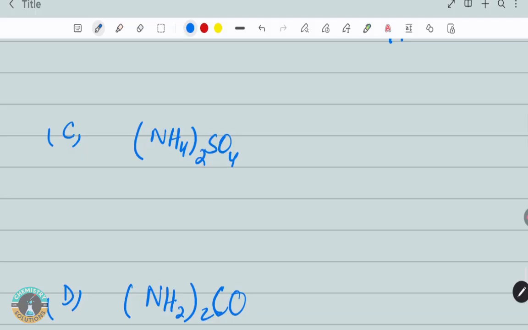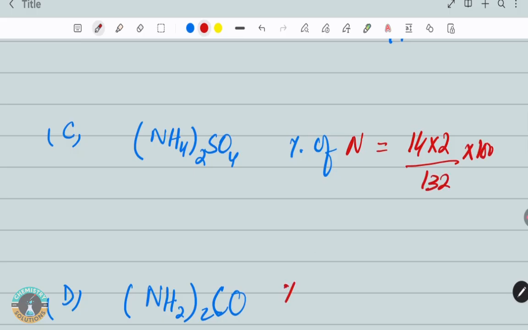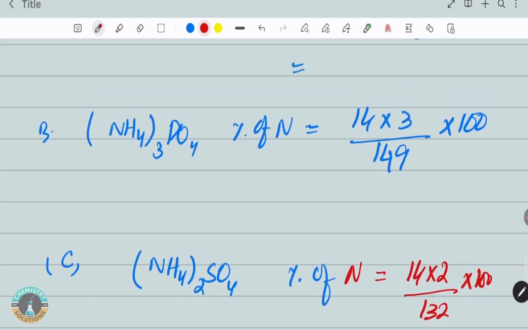Then again we calculate the percentage of nitrogen by mass: there are 2 atoms, 14 multiplied by 2 divided by the MR of ammonium sulfate, that is 132, into 100. Now the percentage of nitrogen here, 14 into 2 divided by 60 into 100.